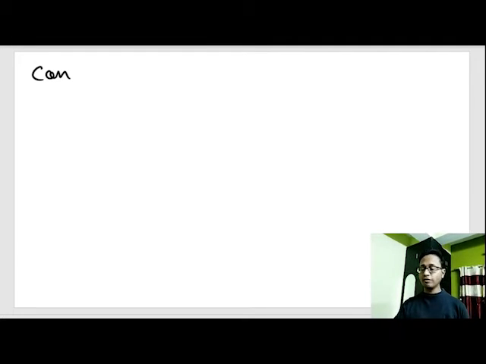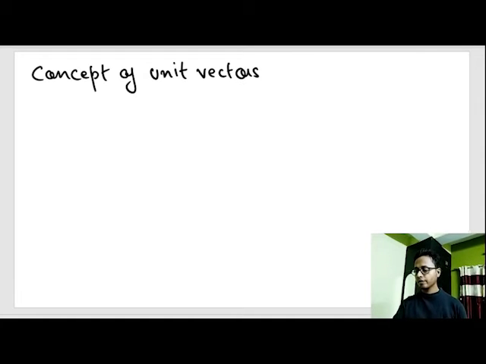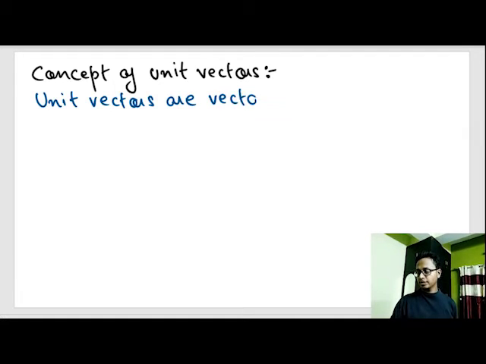So, the concept of unit vectors. Unit vectors are vectors of magnitude 1.